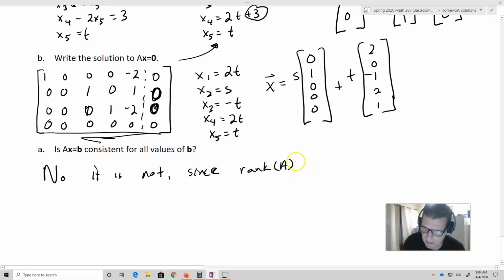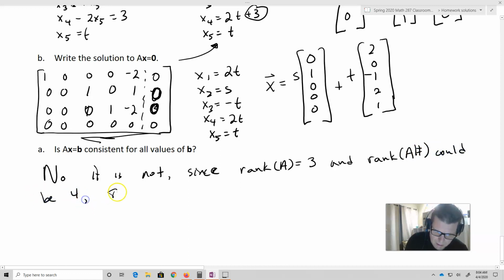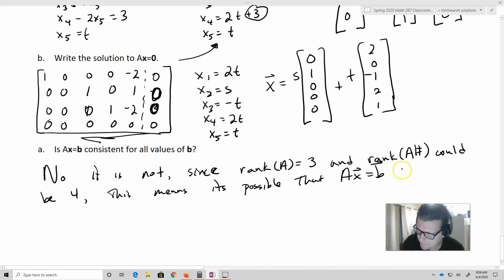Since the rank of A is equal to 3, and the rank of the augmented matrix, A hashtag, could be 4, this means it's possible that Ax equals b could be inconsistent.